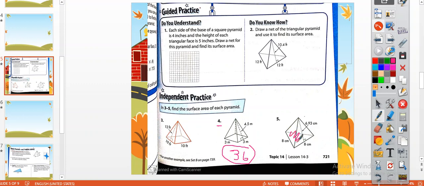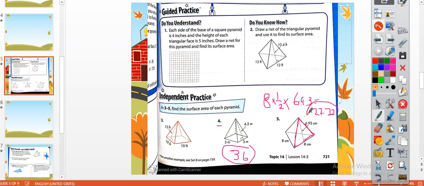Finally, here you have the pyramid, which is a triangular pyramid. Well, what you're gonna do is just find the area of one triangle. Just multiply 8 by half by 6.93. When you multiply all of these numbers together, you will get 27.72.